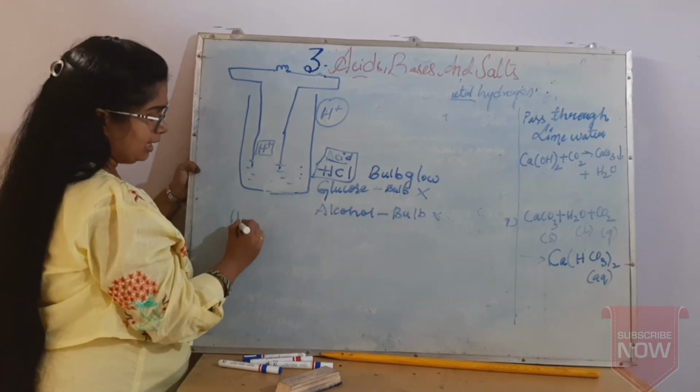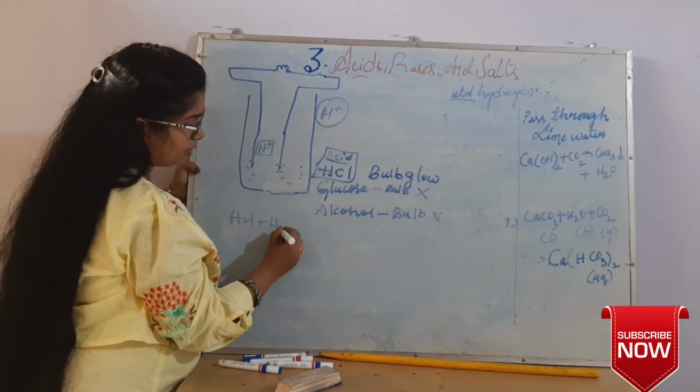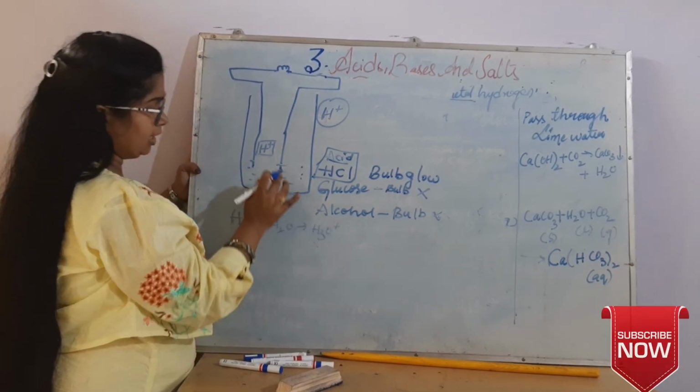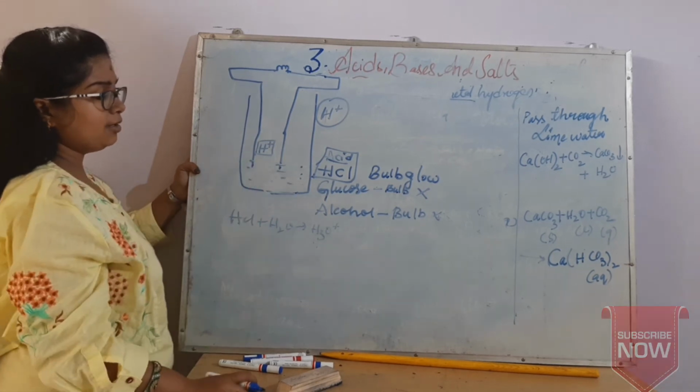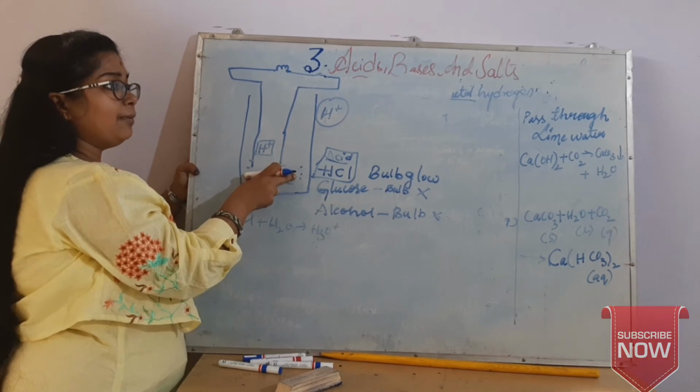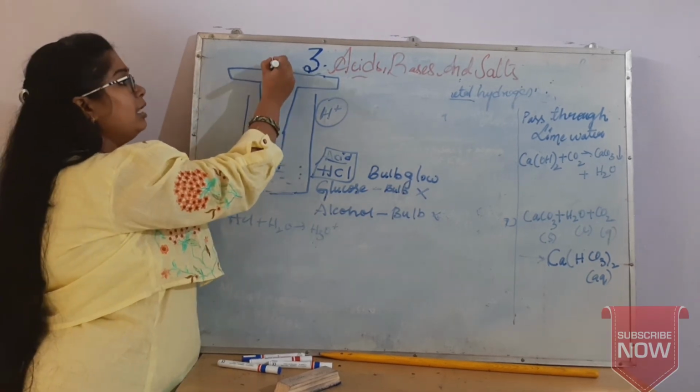We saw HCl plus H2O gives H3O plus. Positive hydrogen ions are going to come out. That's why the bulb will glow.